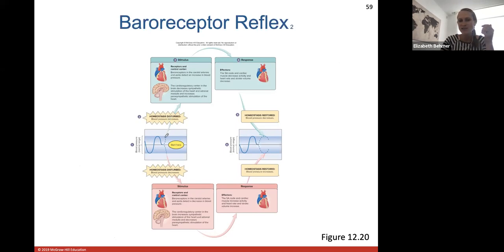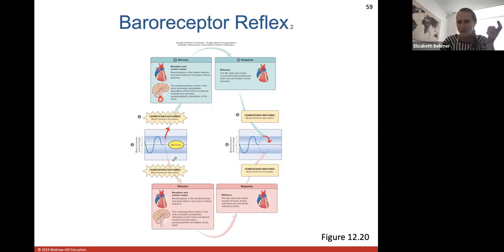If blood pressure is too high, the baroreceptors will pick up on that. And then your cardioregulatory center in the medulla oblongata picks that up to try to send out a response to slow heart rate down. So stroke volume decreases and blood pressure decreases back into normal range.